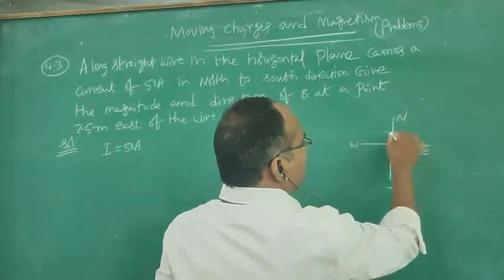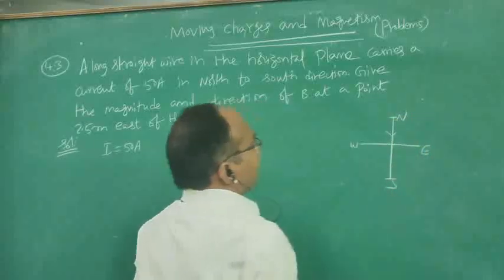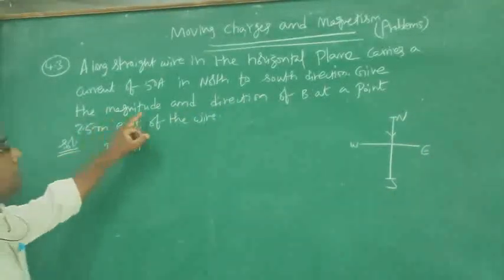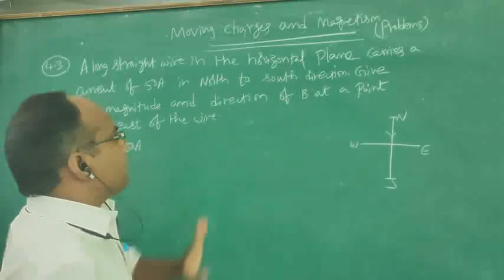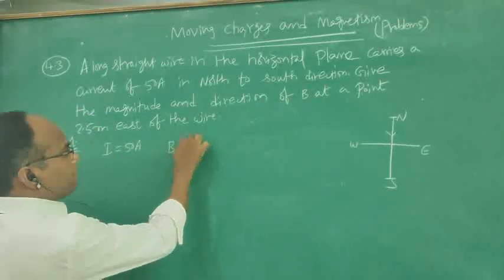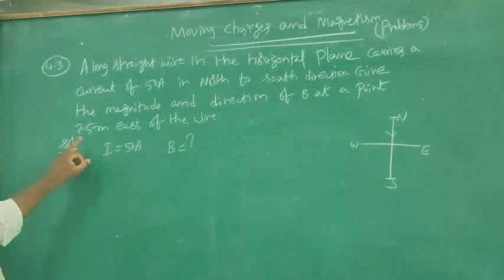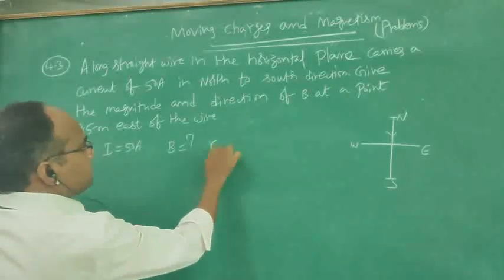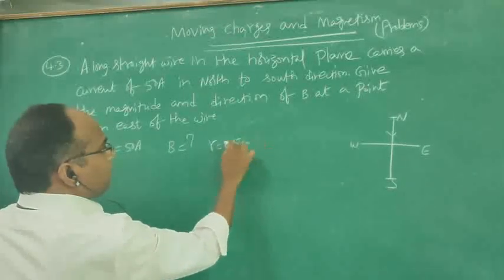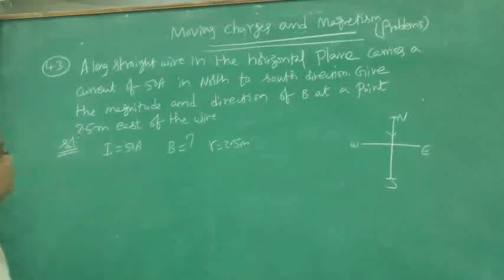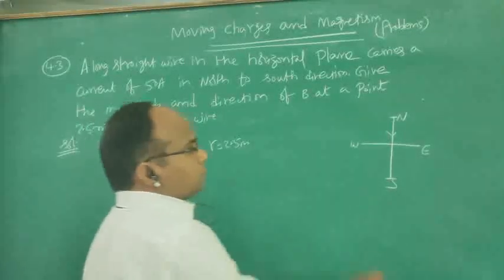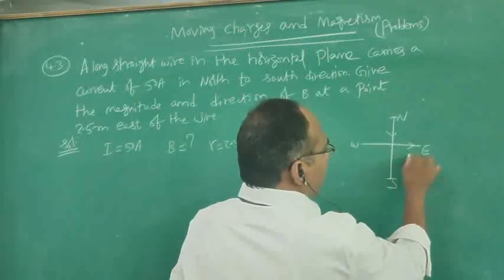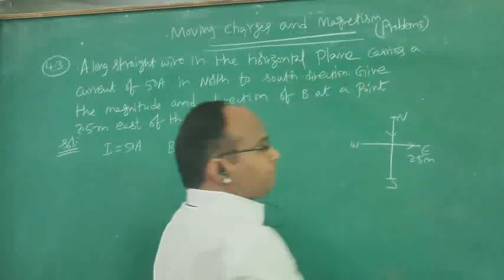So it is moving from north to south. Give the magnitude and direction of the magnetic field at a point at a distance of 2.5 meter east of the wire.